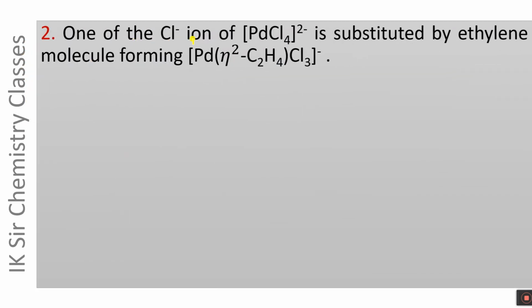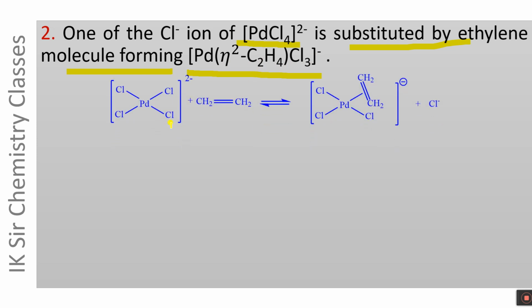One of the Cl- ions of PdCl4 2- ion is substituted by ethylene molecule, forming a complex compound [Pd(η2-C2H4)Cl3]-. Its IUPAC name will be trichloro-dihaptoethene palladate(II). This is the square planar complex. Its Cl- ion is substituted by ethylene molecule.